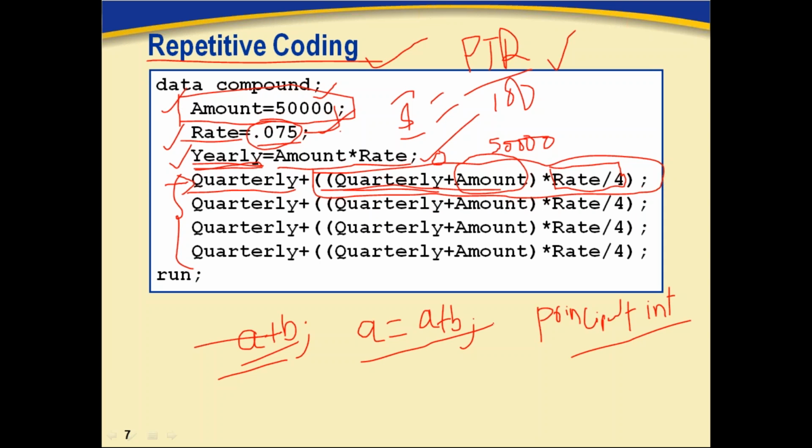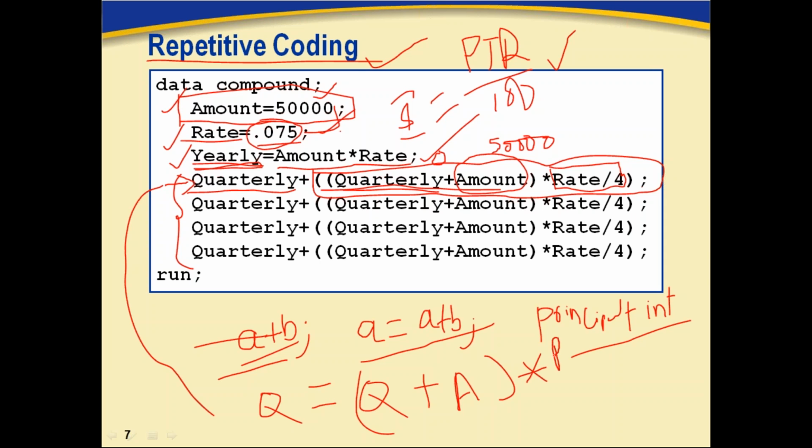It's nothing but A equals A plus B. So the meaning of this one is quarterly equals quarterly plus amount into rate by 4. That's the meaning of this statement.